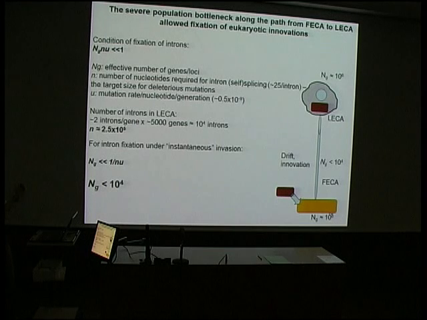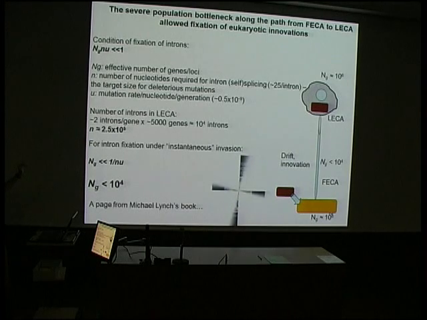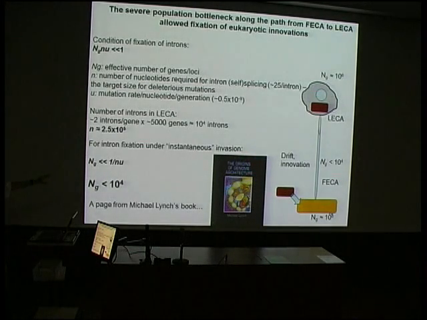I will not walk you through this estimate; we don't really have the time to do so. I will just say that I'm taking a page from this important book of Michael Lynch on the non-adaptive origin of genomic complexity. A very, very important theory that I think is largely true.